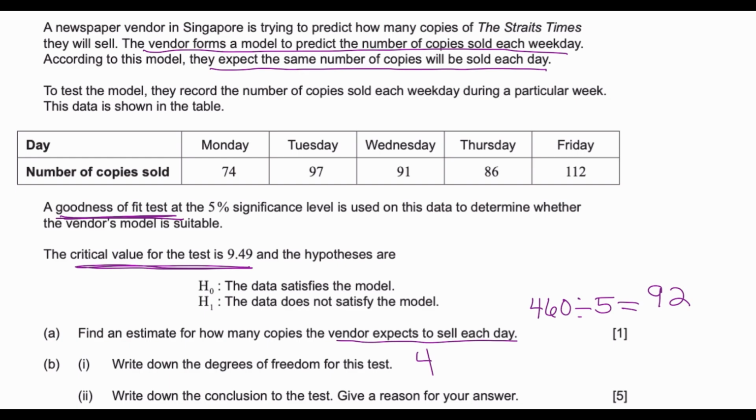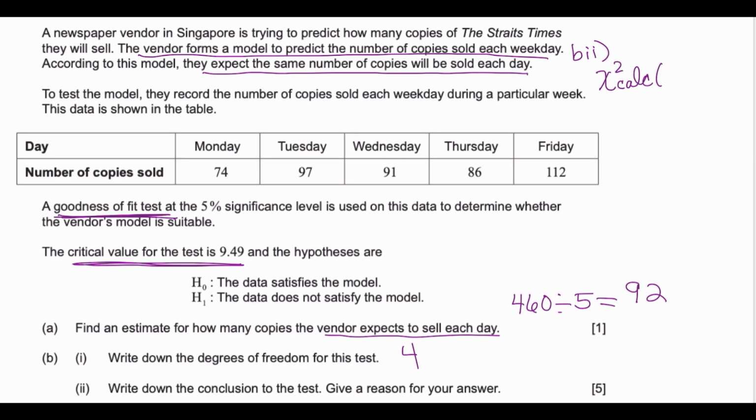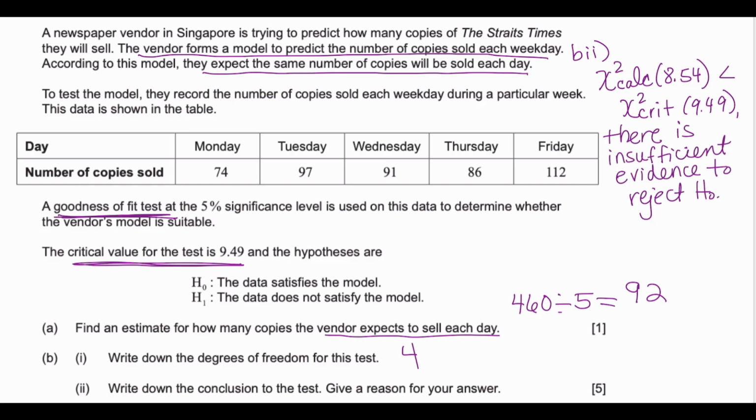I didn't leave much space for me to write my answer, so I'm going to write it here. On the exam, you're going to have plenty of space to write your answer. So I'm going to say that because the chi-square calculated value of 8.54 is less than the chi-square critical value of 9.49, there is insufficient evidence to reject the null hypothesis.